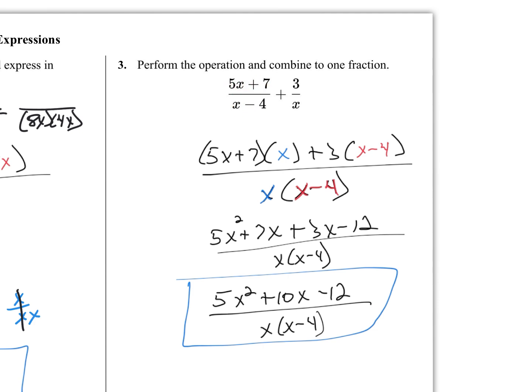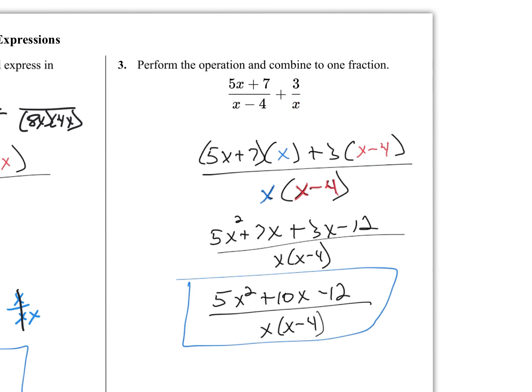So the 5x plus 7 has to get multiplied by x. So I'm showing you that here, 5x plus 7 times x, plus the 3, which needs to be multiplied by the x minus 4, because it already has the factor of x.